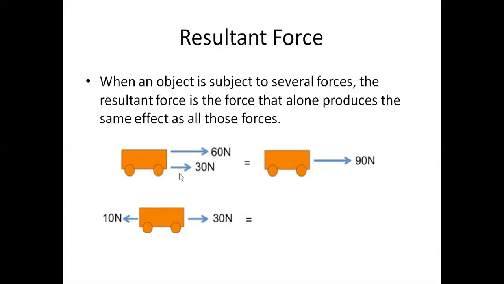Because 30 is this side and 10 is this side, therefore 20 newtons will be this side and it will move like this. So if we replace the two forces with a single force, then this will be the net effective force, that is 20 newtons. So this 20 newtons is the resultant of 10 newtons and 30 newtons given in this figure. Therefore, the resultant of these two forces will be 20 newtons in this direction.